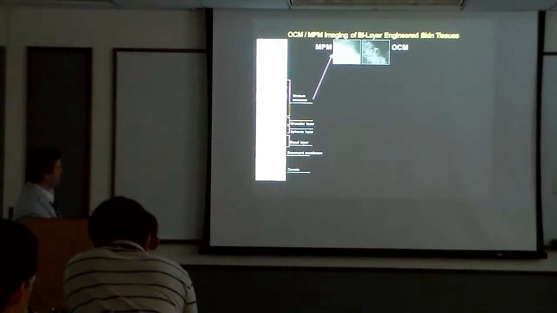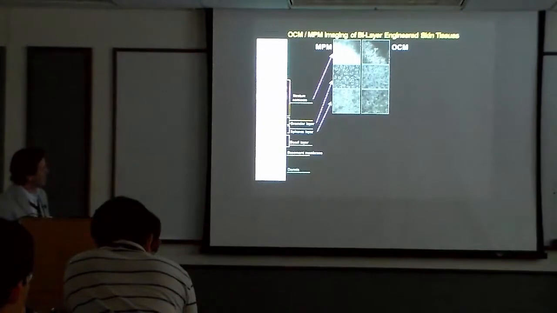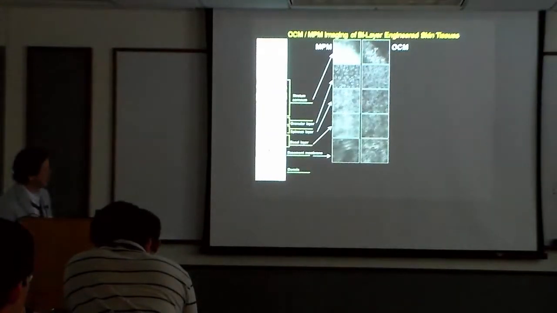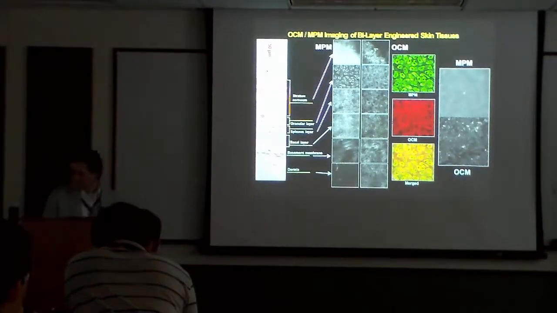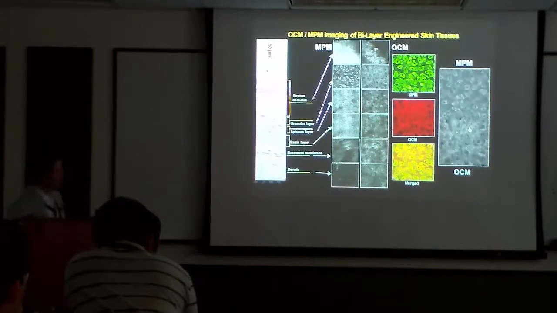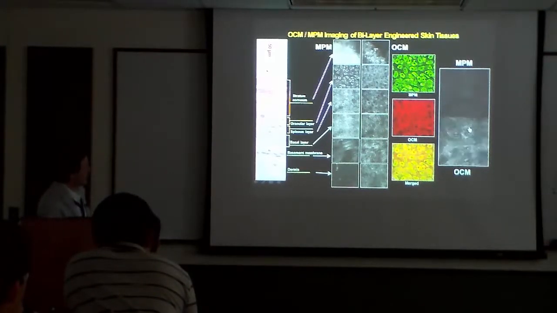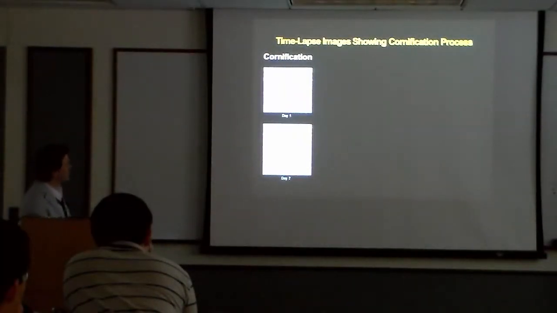Wow, I have to speed up here, sorry. We can do imaging at each of these different layers and recognize these differences in cell structure, and begin to combine our two modalities, MPM and OCM, and collect metrics based on the autofluorescence and on the scattering, and use that information in a very combinatorial way.